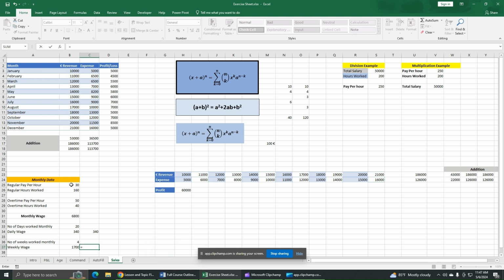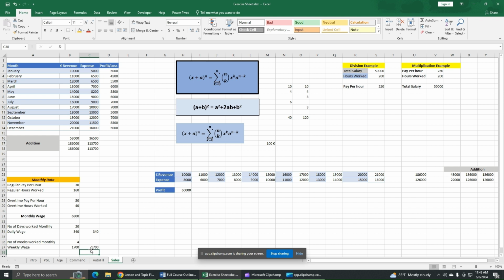To get the total regular pay, click this, multiply by this within a bracket, then add this one, multiply by this one within a bracket, and by adding both of them we get the total monthly wage. This is monthly wage divided by how many weeks there are in a particular month, 4. So divide by 4 is equal to 1700.